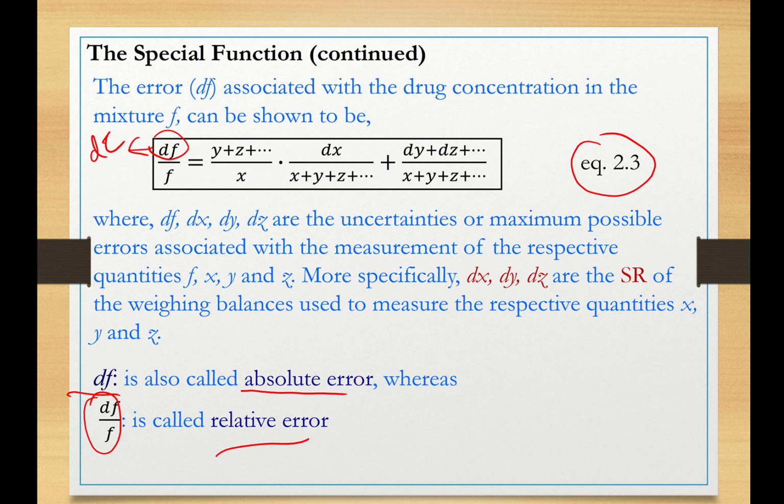If you haven't attended Lesson 1 and 2, I would encourage you to do so. Many of the concepts were discussed extensively in those two lectures. dx, dy, and dz are the sensitivity requirements of the balances that we use to measure the respective quantities x, y, and z.